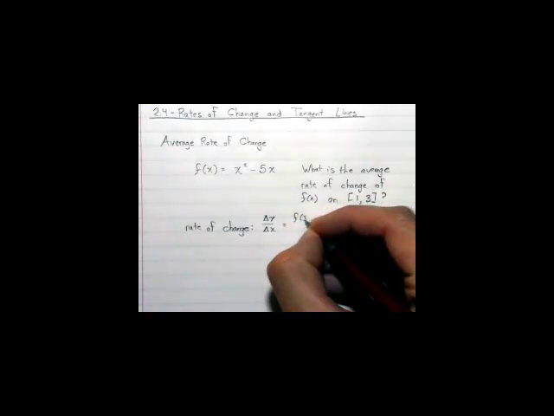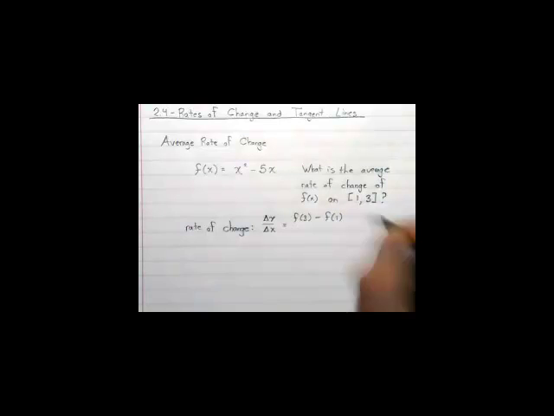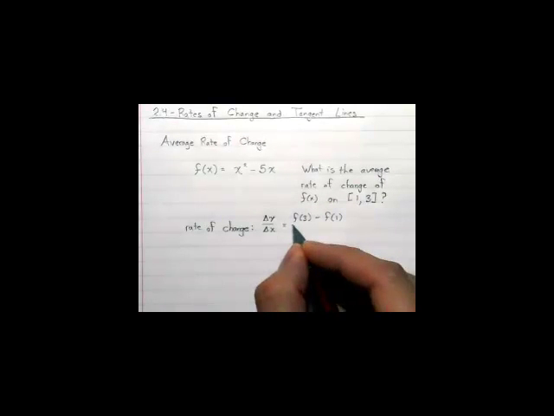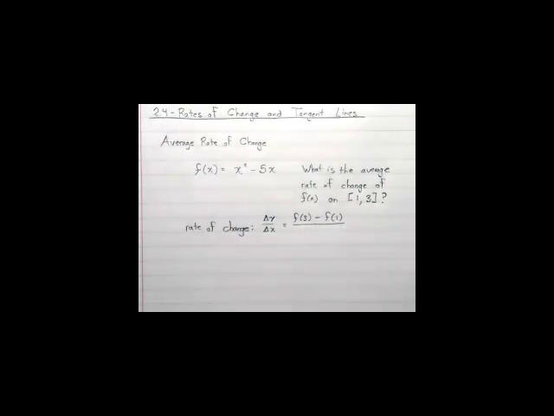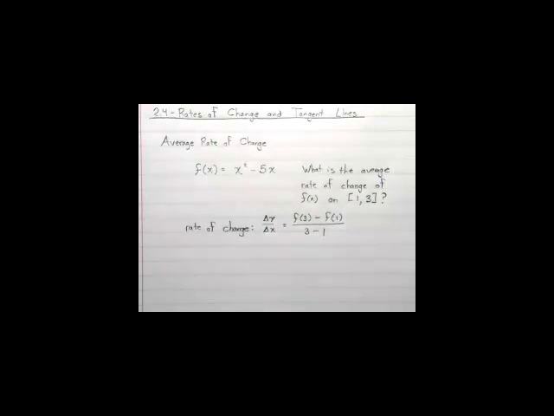You plug in the 3, get a y value. You plug in the 1, get a y value. What's the difference? That's the change in y. And then the change in x is simply 3 minus 1. So we end up with f of 3 minus f of 1 on top, and then just the two numbers from the interval subtracted on the bottom.